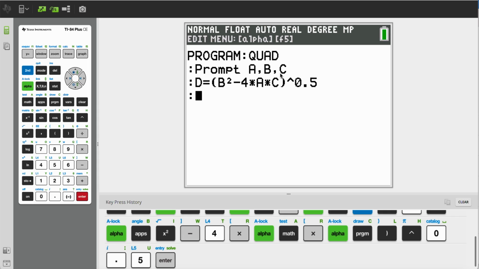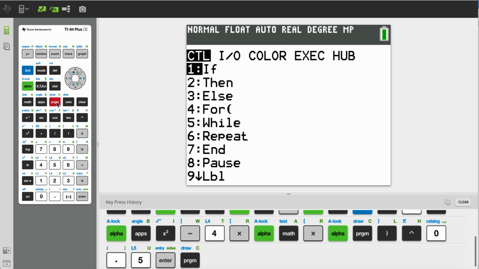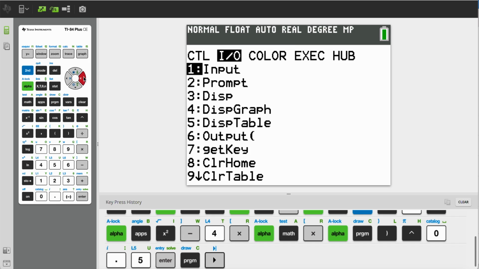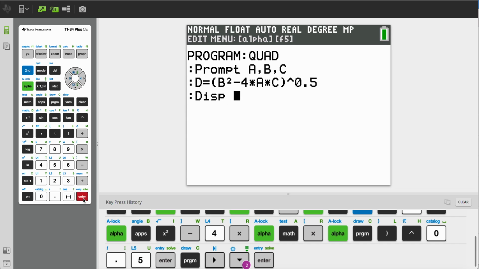All right, we're now ready to actually display the output. It's that simple. So hit Program again. We're going to go sideways here to I/O, and we're going to go to Display, number 3. You could have also just typed in 3. Hit Enter. And now our two answers are either going to be, and this is critical, the negative sign. Oops, hold on a second. Let me go back.